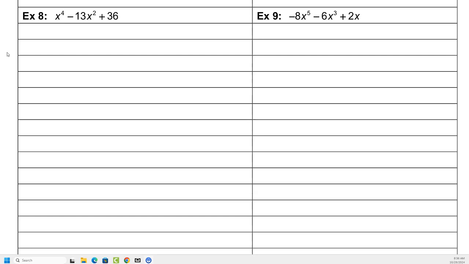Since my checklist is now off the screen, I'll just write it right here. So, trinomial, constant, double the second equal to first.